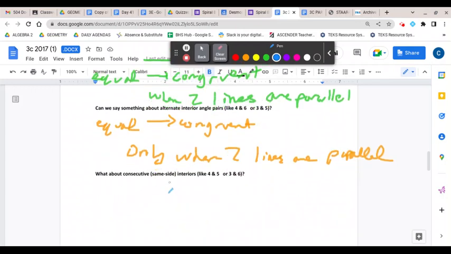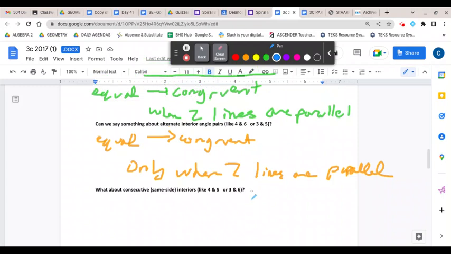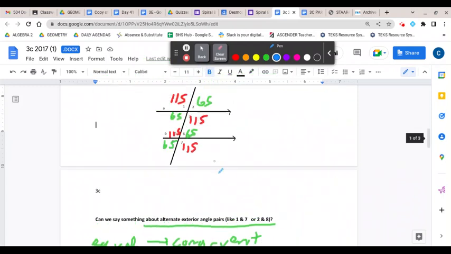Lastly, what about consecutive same side interiors like 4 and 5 and 3 and 6? Well, 4 and 5 are consecutive interiors. They're right here. We can see that they're different. Okay? 3 and 6, we can tell that they're different. However, they're different for a certain reason. They're different, but they add up to something.